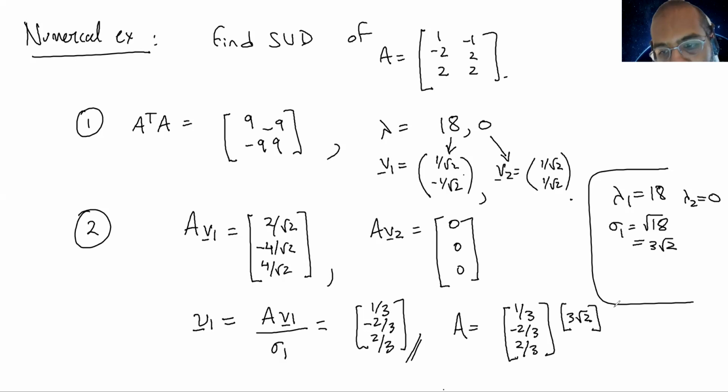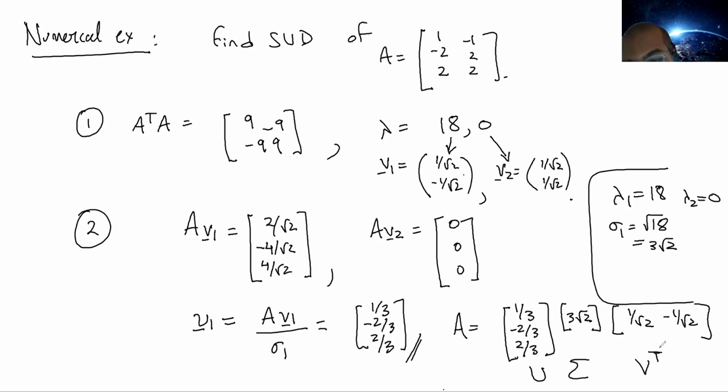And now V transpose is just going to be this. So U sigma V transpose. Okay, so that's the singular value decomposition of that matrix. It effectively factorized the matrix in a way that made it very clear that it's rank 1.